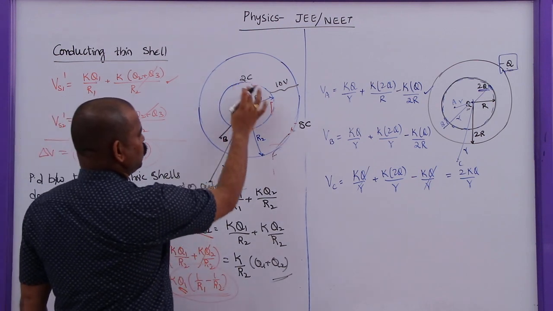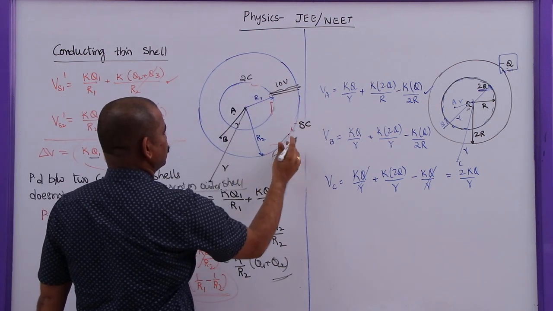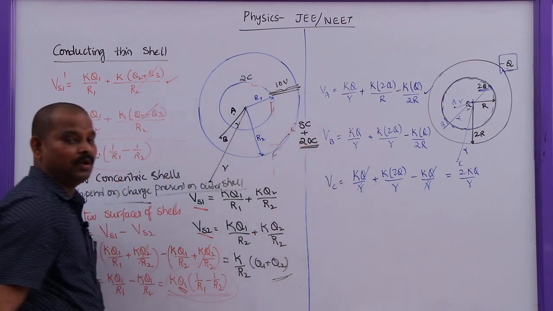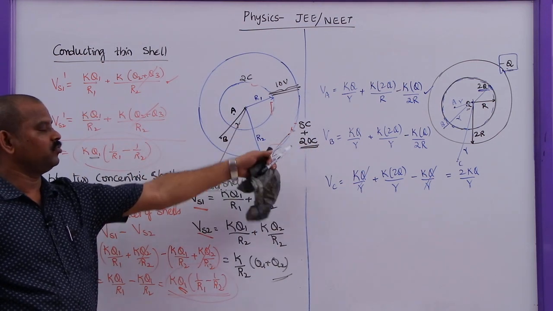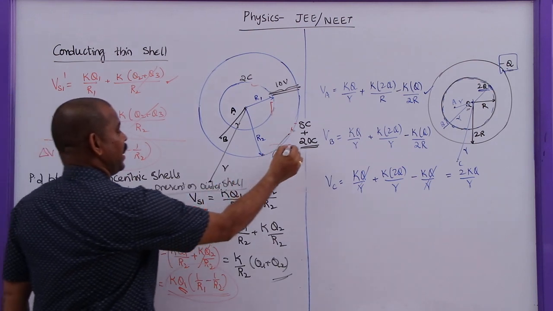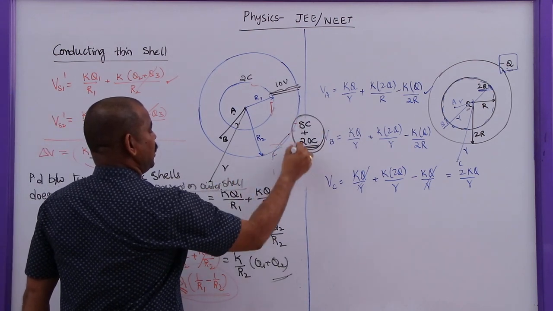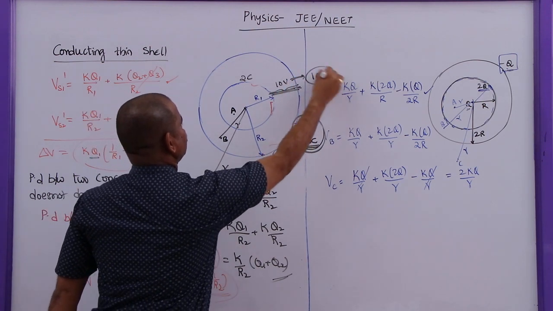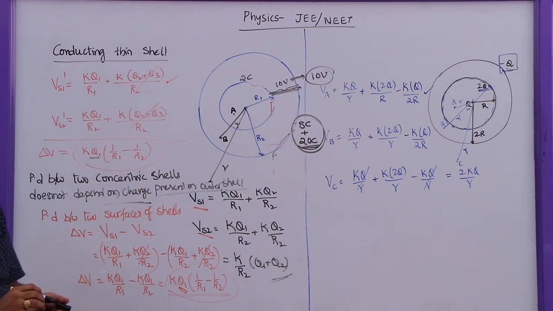So when the charges are 2 coulombs and 8 coulombs, the potential difference is 10 volts. Now if you add 20 coulombs of charge to this one, what is the potential difference between these two shells? Even then, by adding any amount of charge on the outer shell, the potential difference never changes. It remains 10 volts. And this problem was given so many times in competitive exams.